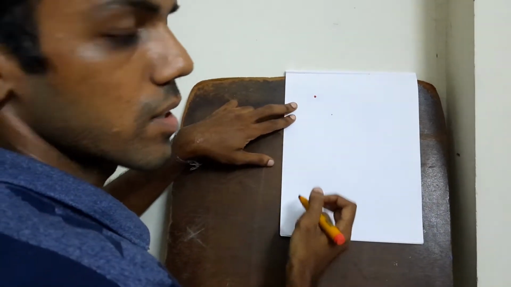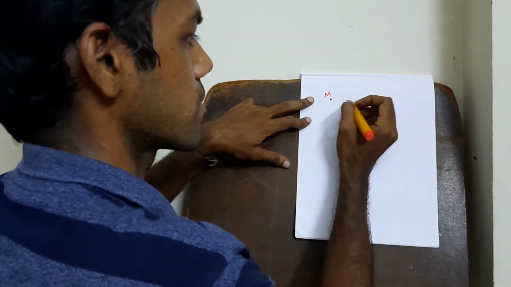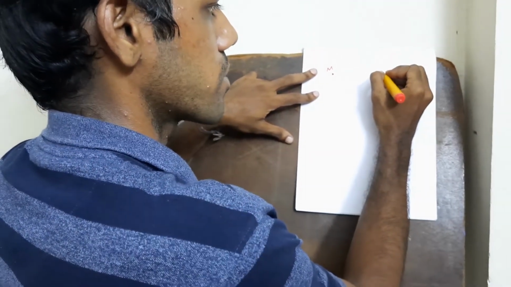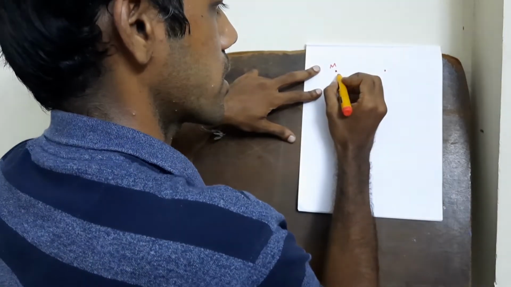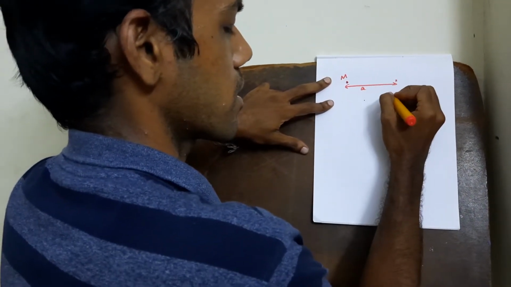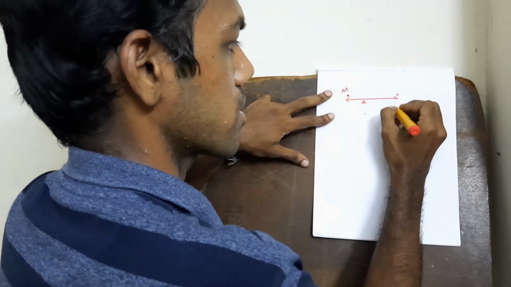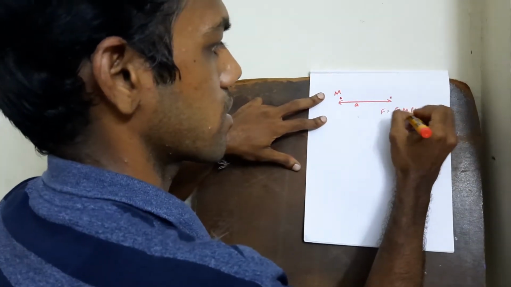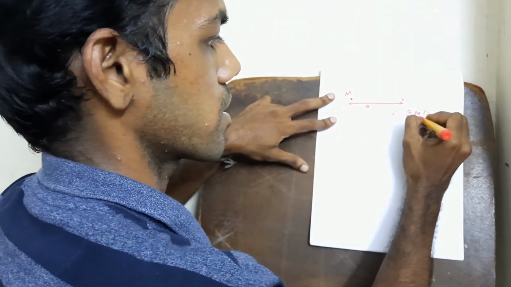Force due to a point mass m acting on a unit mass at a distance a is equal to GM by a square.